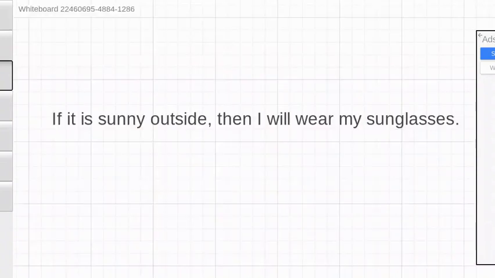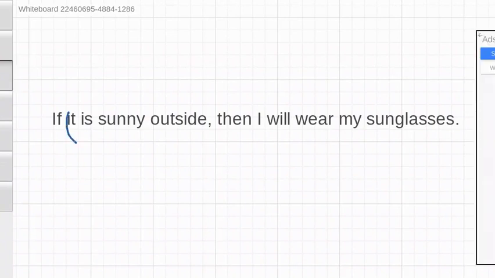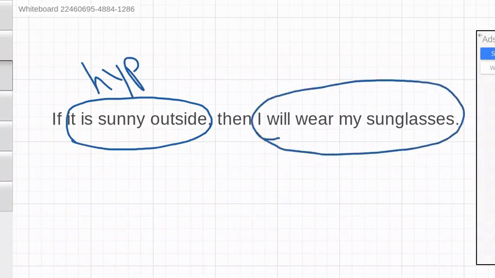Alright, let's do our last couple of practice problems. So our statement is, if it is sunny outside, then I will wear my sunglasses. What is the inverse, converse, and contrapositive? So we know that converse is flipping them, inverse is negating them, and contrapositive is doing both of those things. And we know that it is sunny outside is the hypothesis, and I will wear my sunglasses is the conclusion, since we don't include the if and the then.